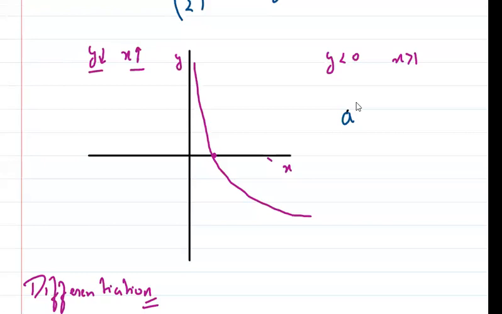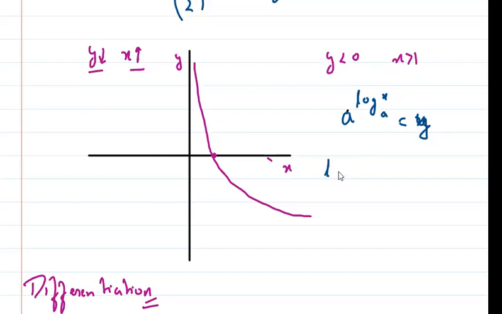If I have a to the power log x base a, this is equal to what? This is equal to x. This is a property, so let's prove it. Take it as y. Take log on both sides.